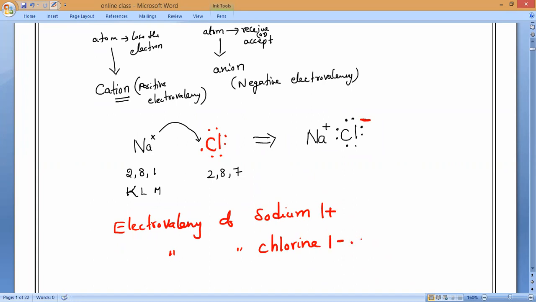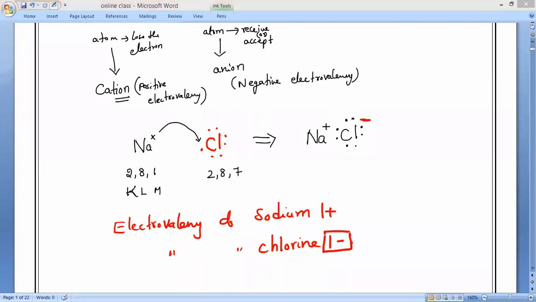That is what you have to remember. Chlorine is 1 minus and sodium is 1 plus. That is what we call electrovalency. So electrovalency comes by gaining or losing electrons. If the atom loses or gains the electrons, we say it is electrovalency.